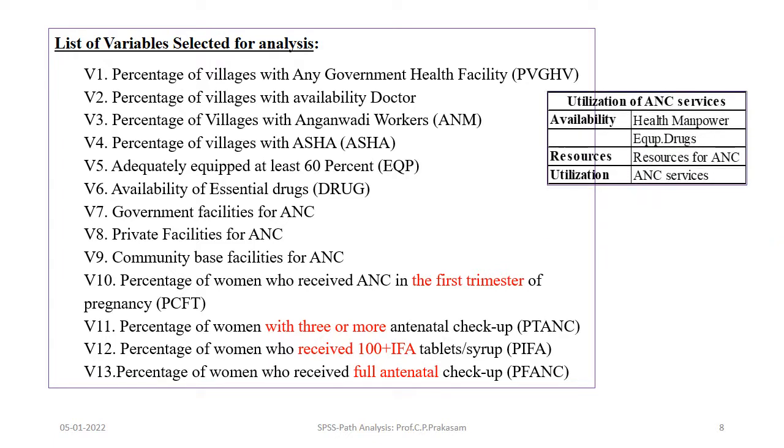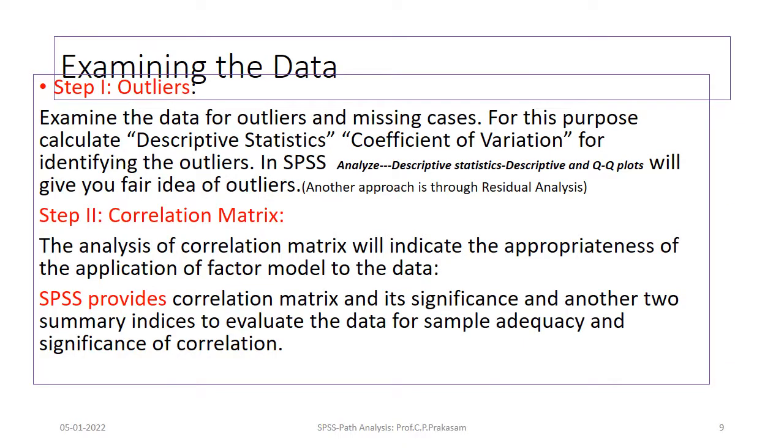When you look at the category of the variables, V1 to V4 will give you the health manpower, V5, V6 will give you the essential drugs and equipments, and V7, V8 and V9 will give you the resources for the ANC, and V10, 11, 12, 13 will give you the antenatal care services. Like that we can give the broader categories.